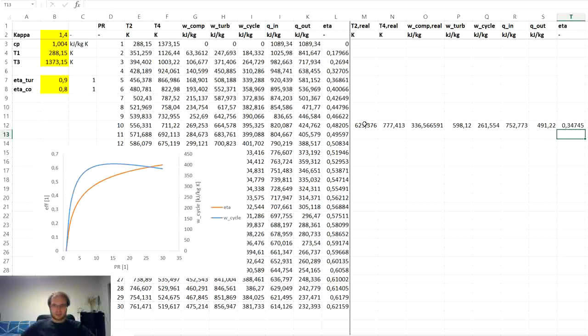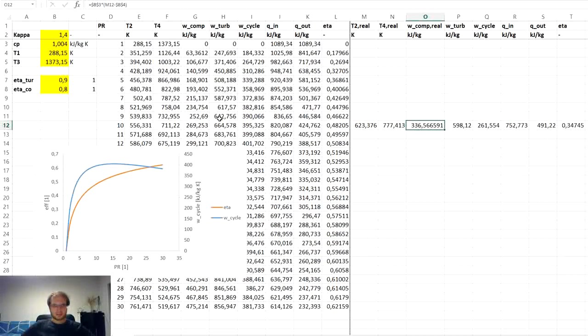Alright, so now let's compare these values to the original ones. The temperature T2 over this one is higher. The temperature T4 compared to the original temperature T4 is also higher. We will see later on TS diagrams that it's because we are at higher entropies.